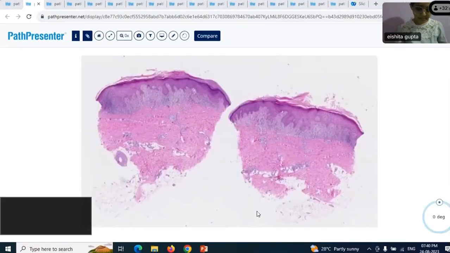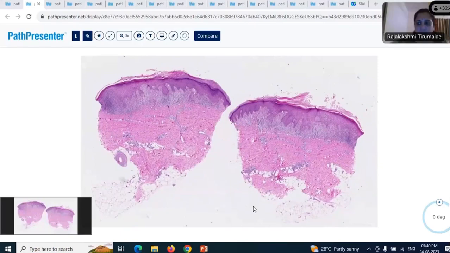Dr. Jhansi, can you see it? Yes, ma'am. So you can start describing.